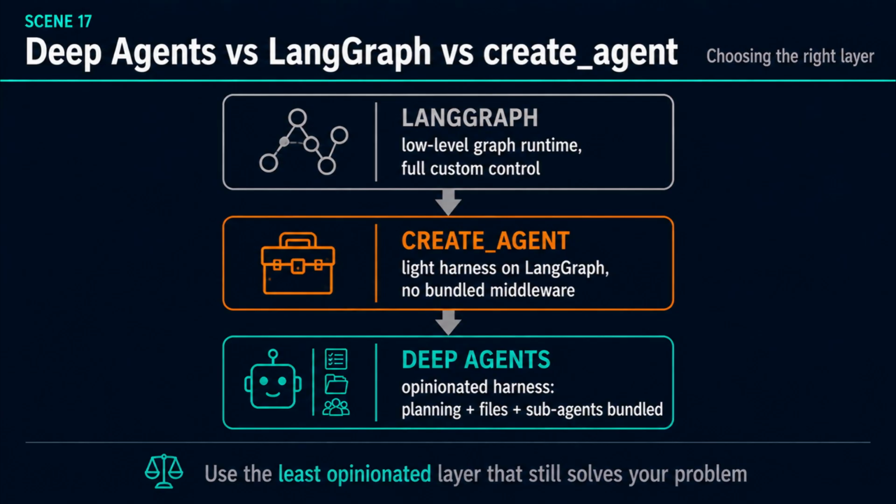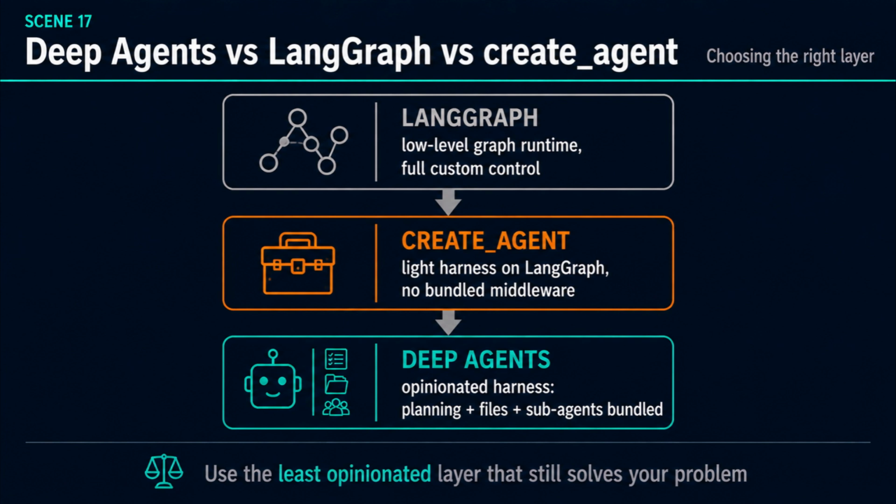It's worth understanding precisely where deep agents sits relative to its neighboring layers, because choosing the right one for a given project genuinely matters in practice. LangGraph is the lowest level layer, a general-purpose graph runtime giving you complete, granular control over agent state and execution flow, but requiring you to implement memory, planning, and delegation entirely yourself from scratch with no defaults provided.